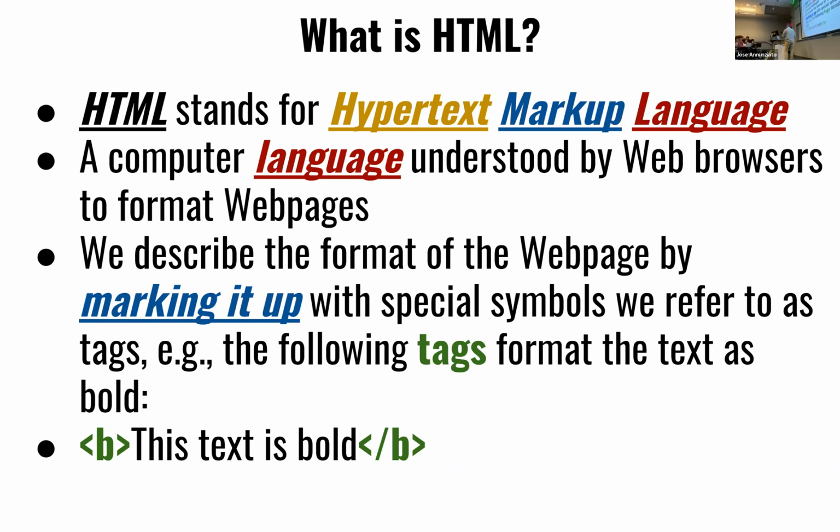So if you want something to actually render as a heading or as a paragraph or something to have a particular structure, you have to explicitly tell the browser that you want a specific format. Okay, like for instance, this piece of text, if you want it bold, you have to surround it with the B element.